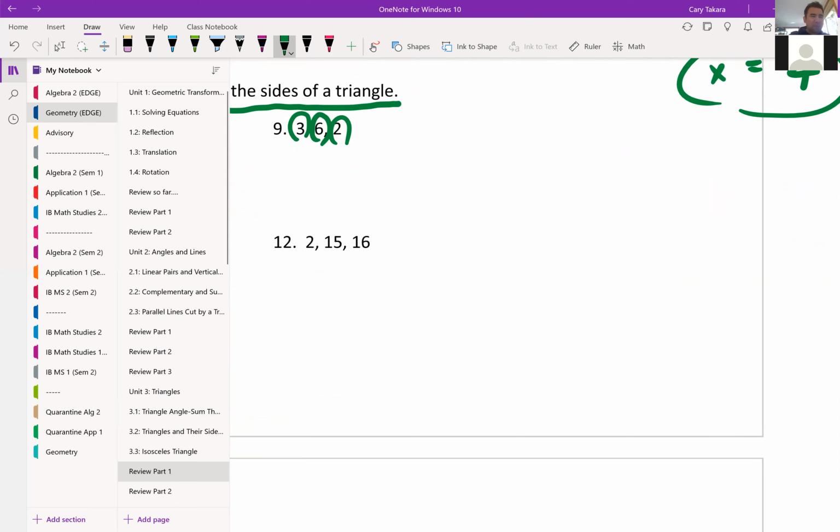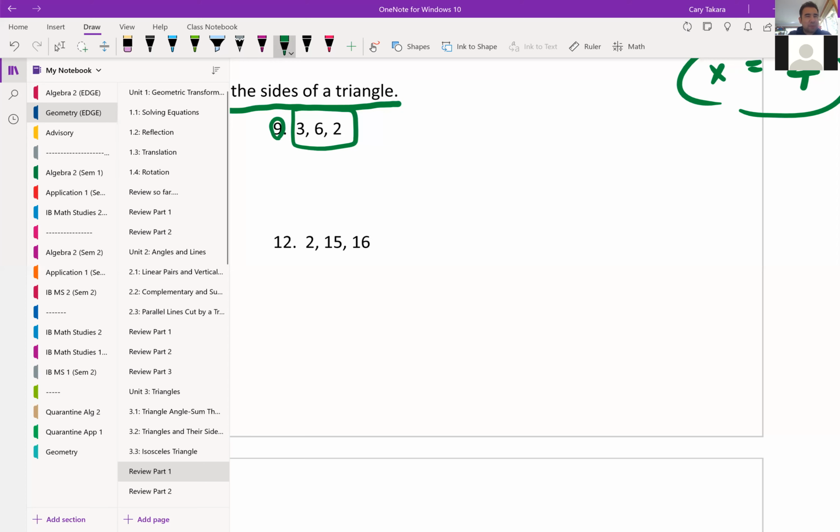Do you guys remember how to do that? Who thinks you can form a triangle? By the way, this is number 9. So with these 3 numbers, 3, 6, 2, do you think you will be able to form a triangle?